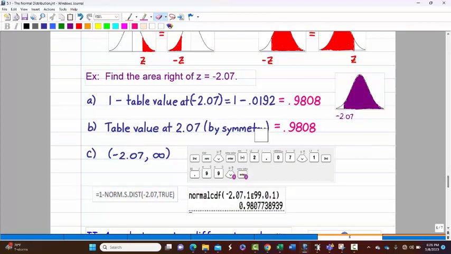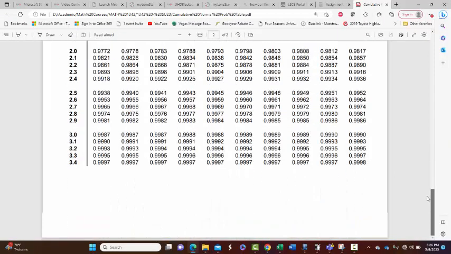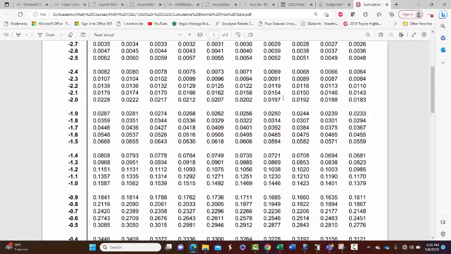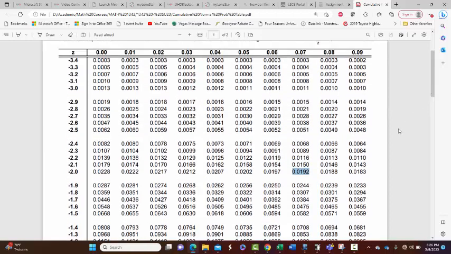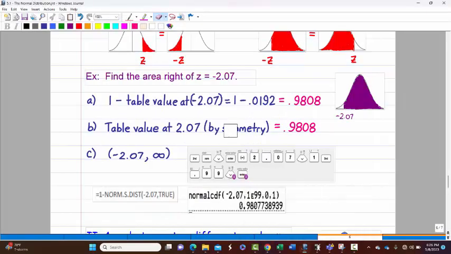So here's one I did by using the table value. Area to the right of negative 2.07. I did the 1 minus and looked up negative 2.07. And there's 0.0192, but it's 1 minus that, so it's going to be 0.9808.